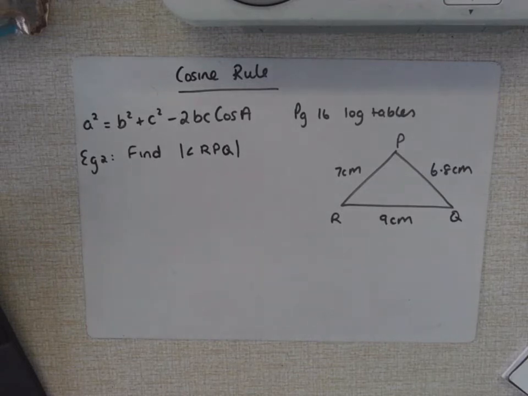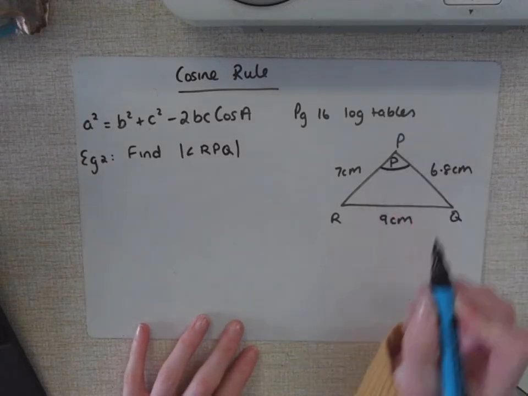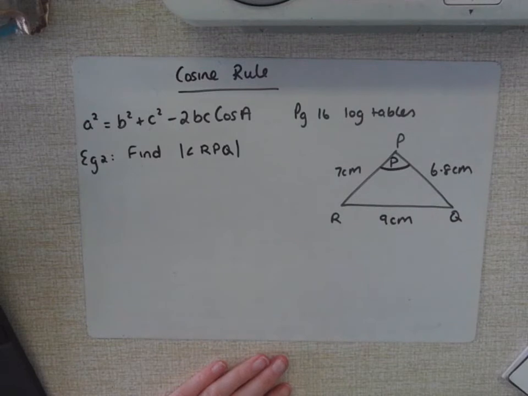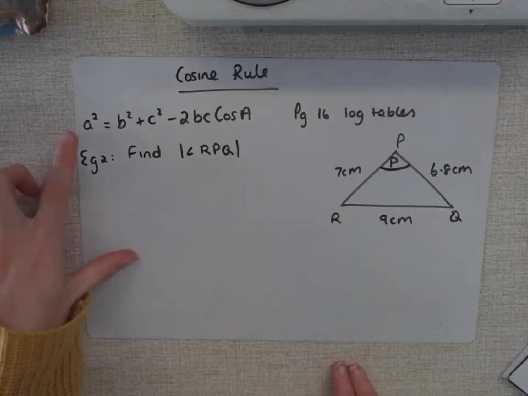Okay, find angle PQ. So I'm interested in this angle here. I'm going to call it P. So all you're going to do is throw it straight into your formula again.